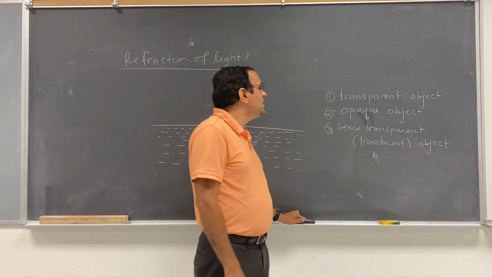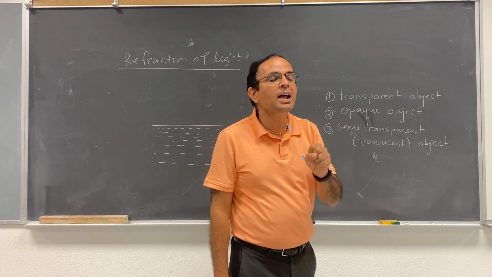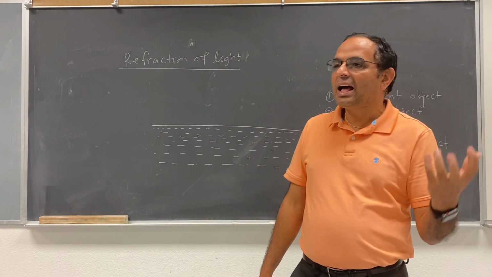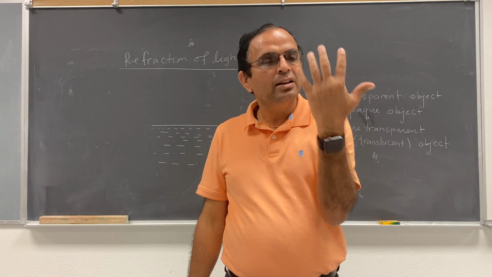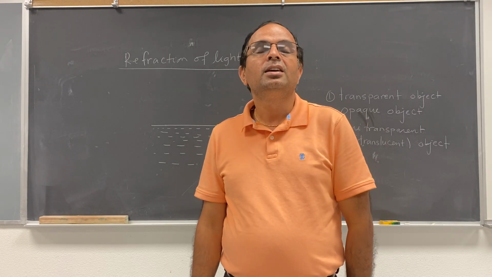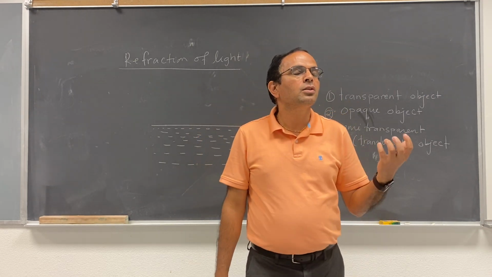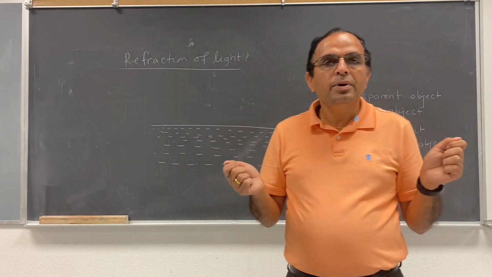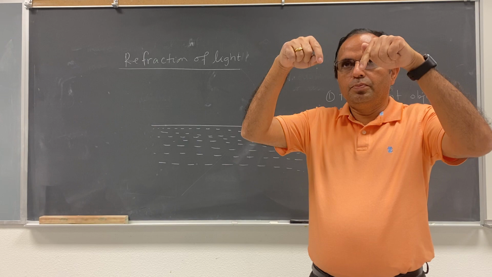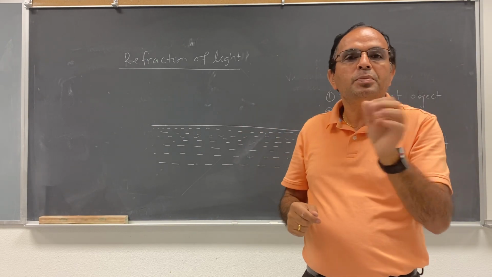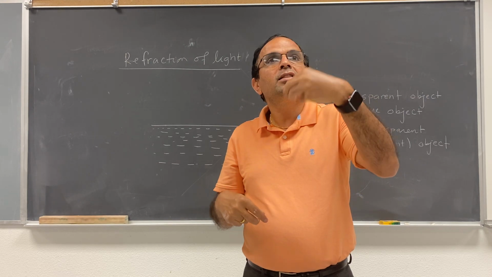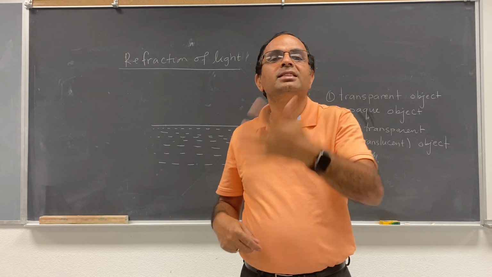And there are semi-transparent objects. Light can pass only partially. Like some kinds of glass, where you can see only partially. That is semi-transparent, or you can call it translucent. Or wax paper, or a printed paper kept in kerosene, a petroleum product.